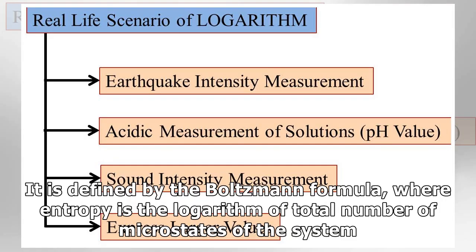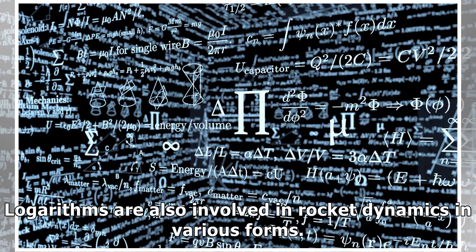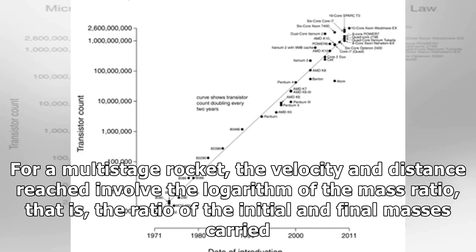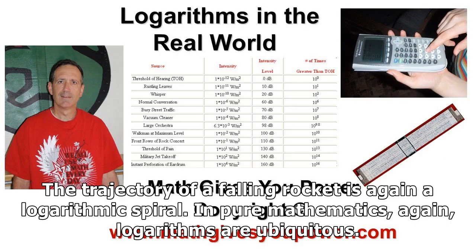It is defined by the Boltzmann formula, where entropy is the logarithm of the total number of microstates of the system. Logarithms are also involved in rocket dynamics in various forms. For a multi-stage rocket, the velocity and distance reached involve the logarithm of the mass ratio, that is, the ratio of the initial and final masses carried. The trajectory of a falling rocket is again a logarithmic spiral.